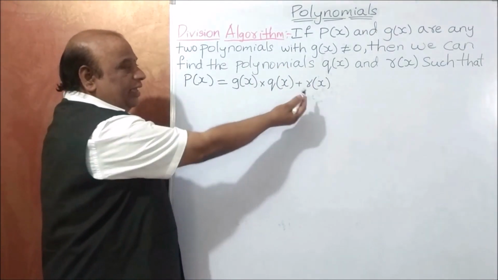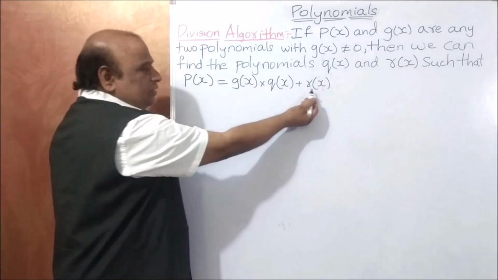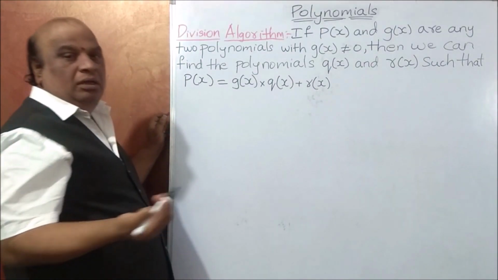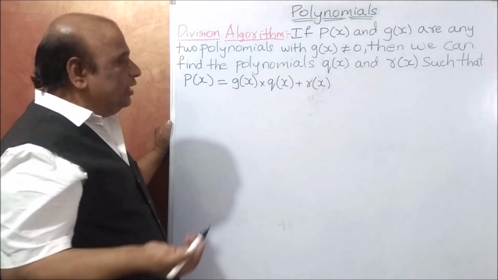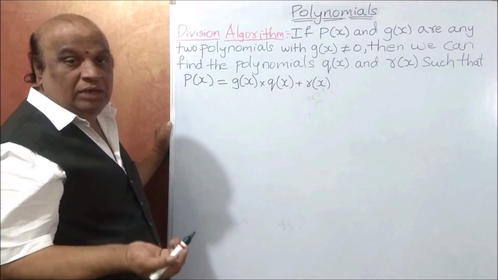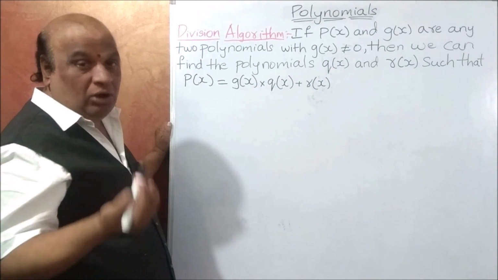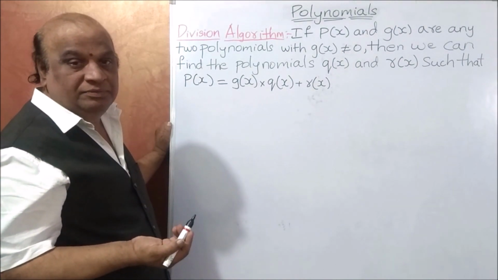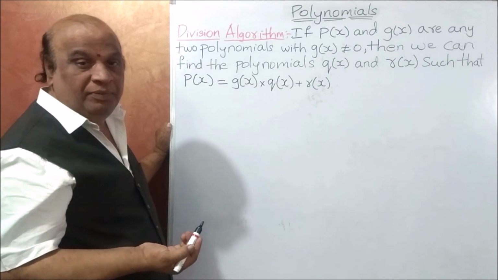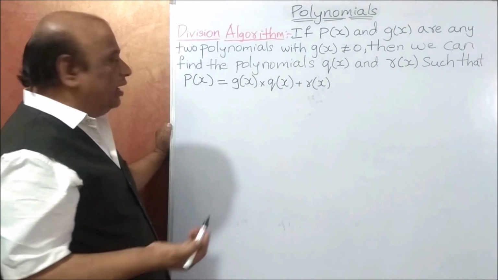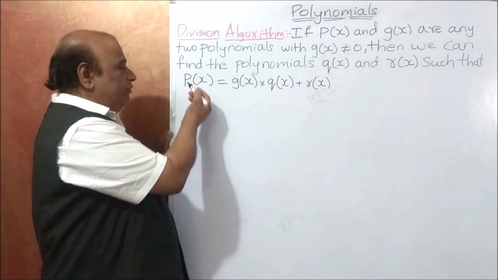Here, why are we writing R of x for the remainder? Sometimes you get a first degree polynomial, sometimes you get the remainder as 0, sometimes a constant as the remainder, sometimes a second degree polynomial. So that's why this is the division rule.